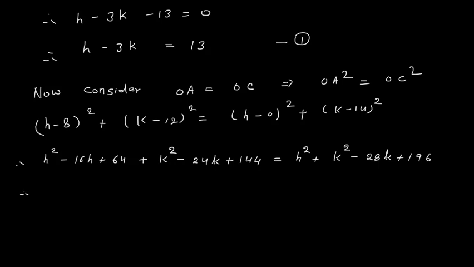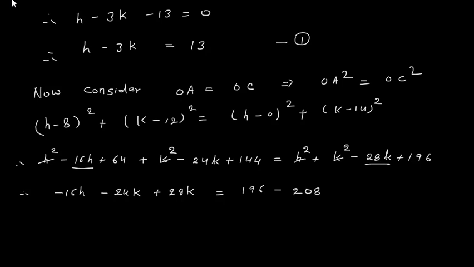So now this h square we cancel, this k square we cancel. Now this minus 16h, and here there is nothing, so minus 16h. Here we have minus 24k, and this becomes plus 28k, is equal to 196 minus, here we have 144 plus 64, which is 208.